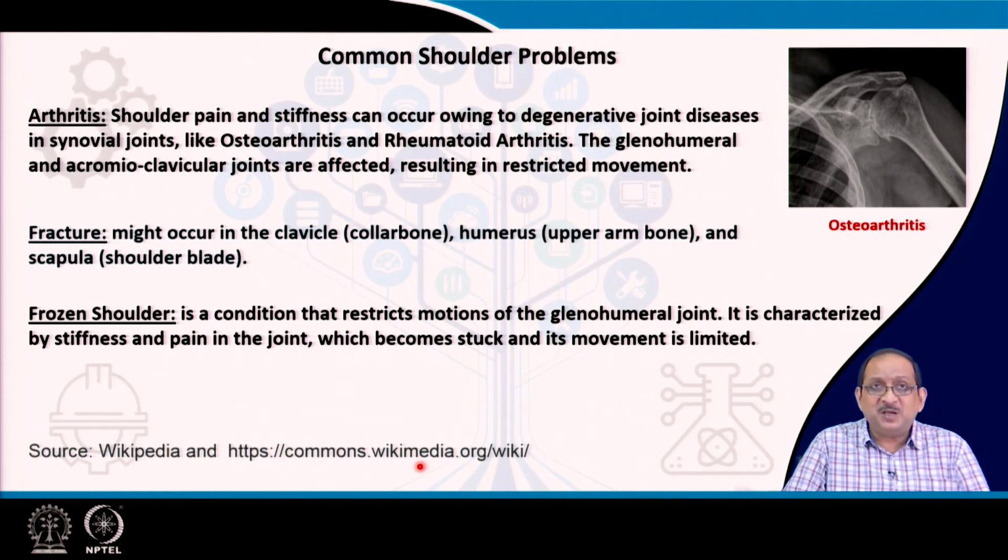It is characterized by stiffness in the joint, accompanied by pain, and the shoulder becomes actually stuck with very limited movements, which can be designated as a state of frozen or stuck. So, this condition that restricts the motion of the glenohumeral joint to a great extent is known as the frozen shoulder.